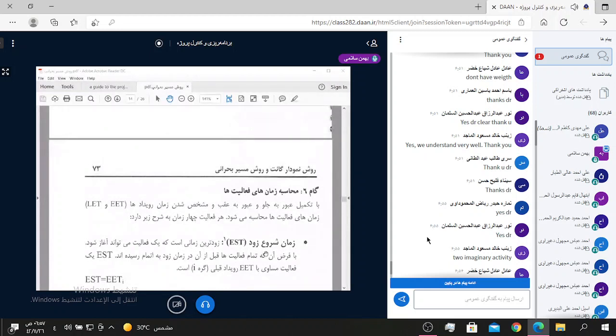Factor 1. The name of factor 1 is early start, ES, early start.